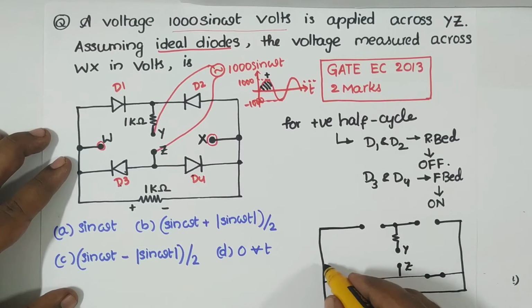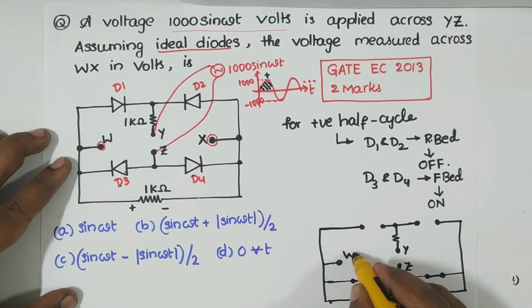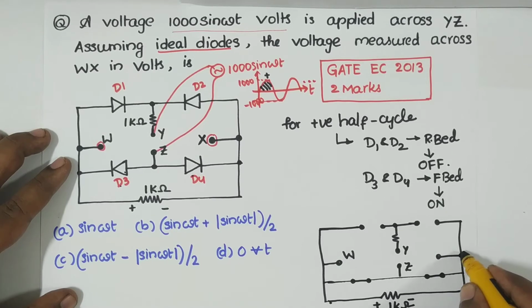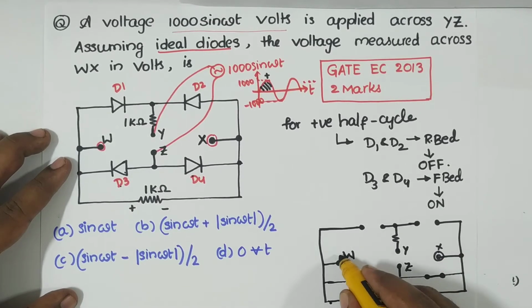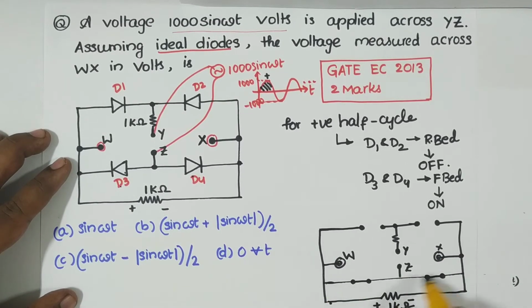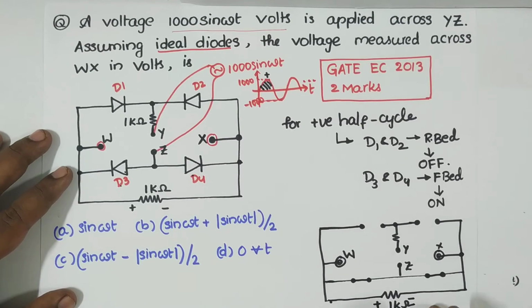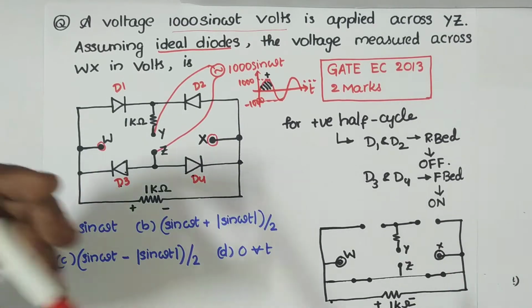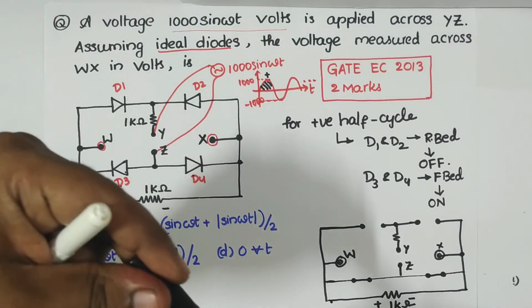Now could you tell me what is the voltage across WX? As it is a short, this short is in parallel with the 1 kilo ohm. So whatever current we have will not go through the 1 kilo ohm.